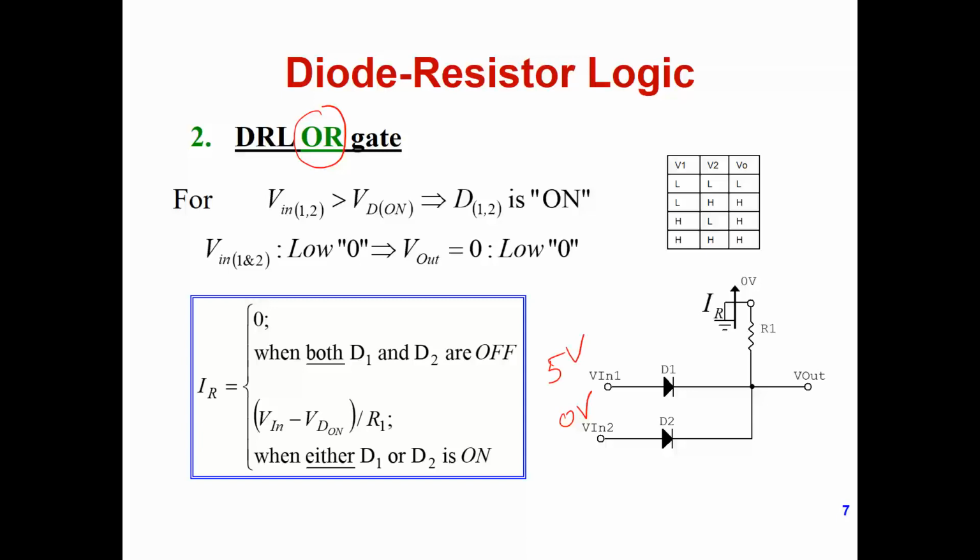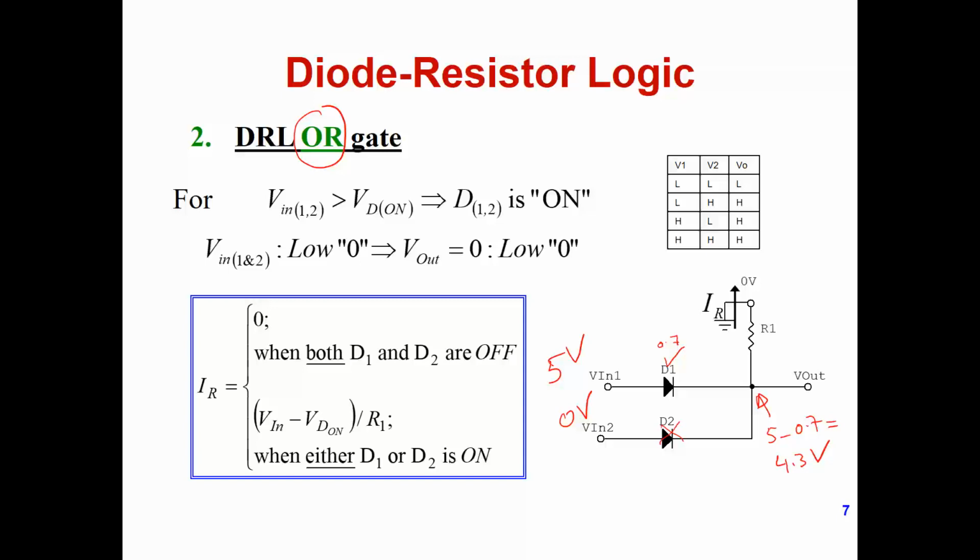And now I have enough differential voltage across this diode to turn it on. Diode D2 is still off, but D1 is on. Now, if we turn it on, then we have a differential voltage of 0.7, right? And this node will be 5 minus 0.7, which equals 4.3 volt.